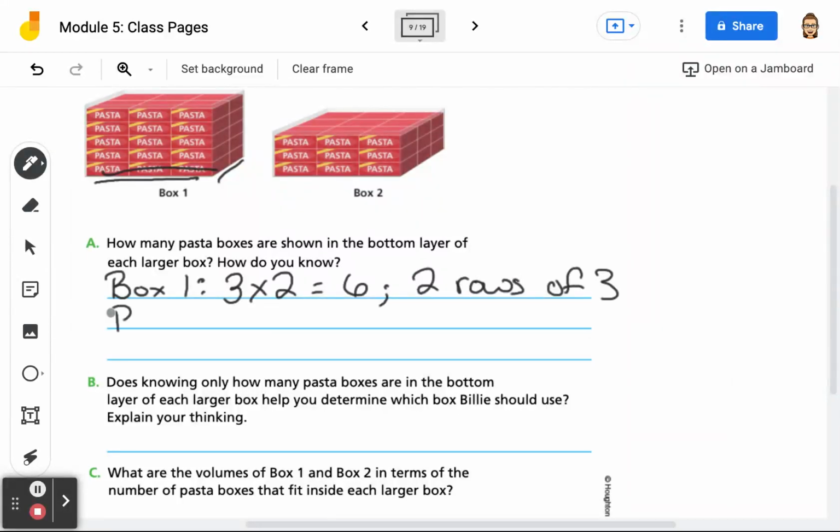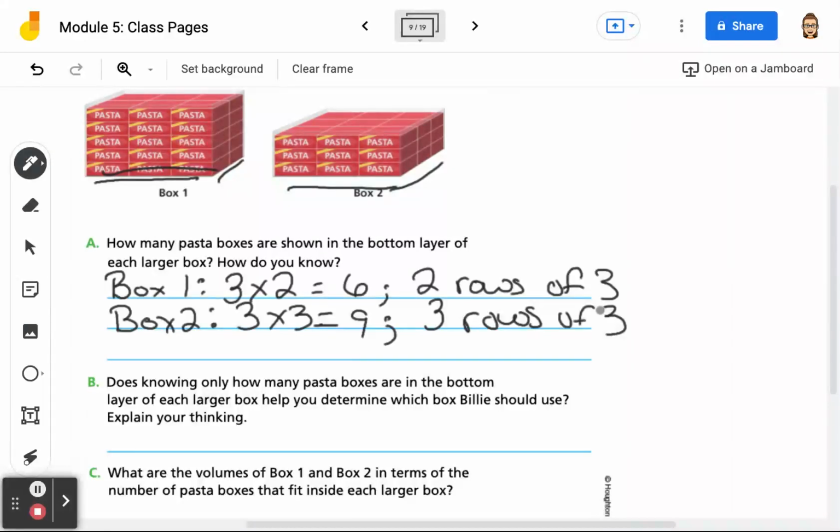And then box 2 is 3 by 3. So that equals 9. So we have 3 rows of 3.